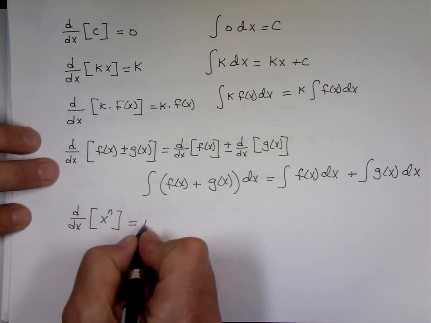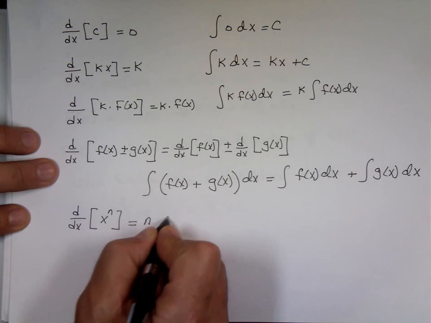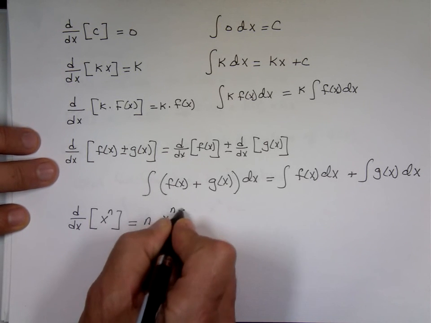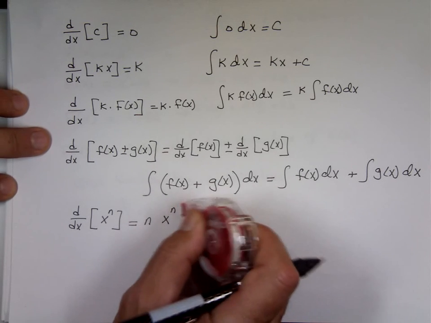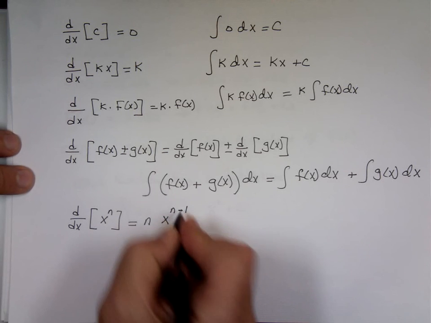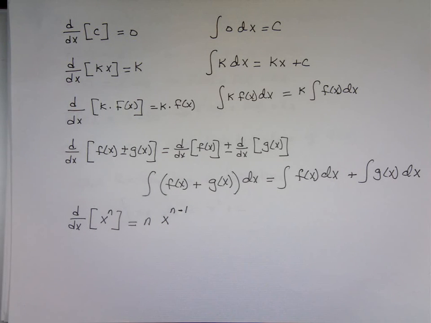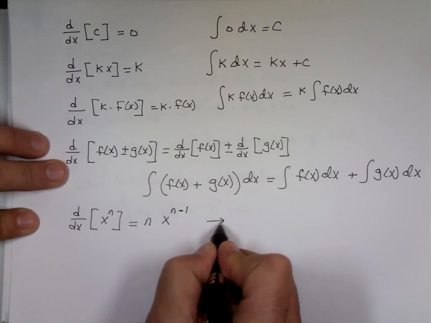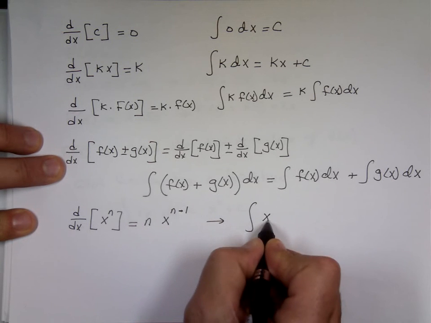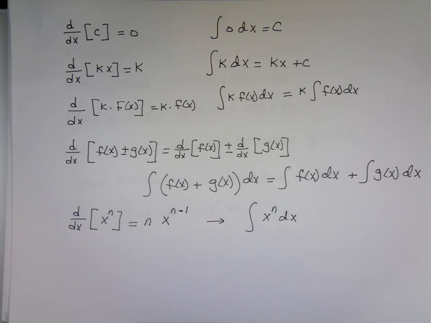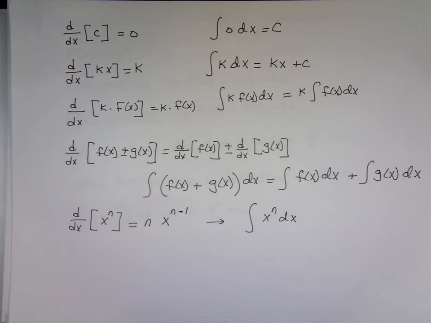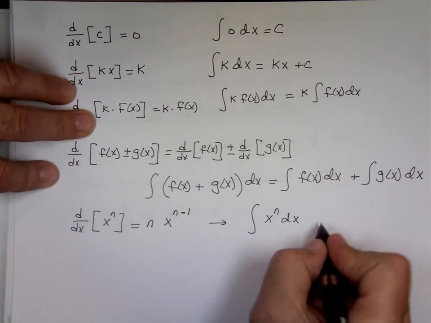You move the power to the front and you subtracted 1 from the power. Subtracted, not added. What is the integral of x to the n? So you have to think backward. I subtracted 1 from the power, so to get that function back, what do you need to do? Add 1 to the power.